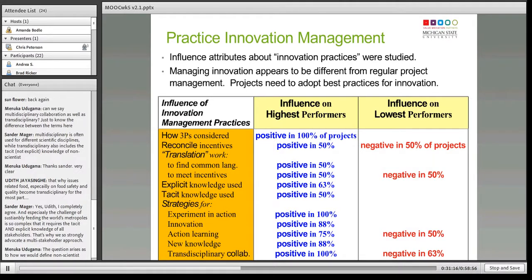Now, the critical point I want to make about these strategies for doing these various things, particularly the experiment in action one, is understand that you cannot allow the project to simply devolve into a debating society about creation of value.